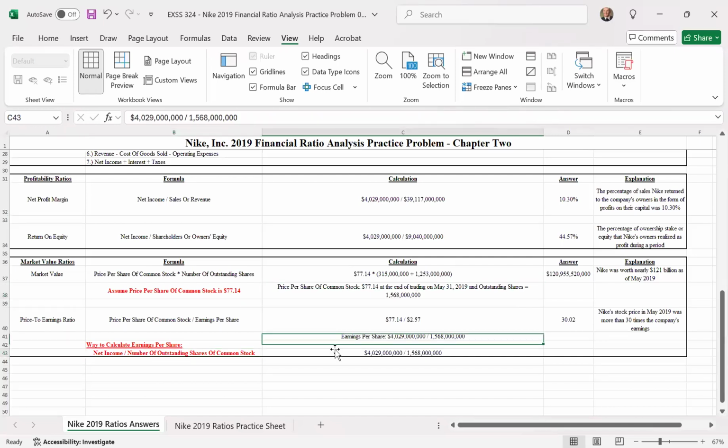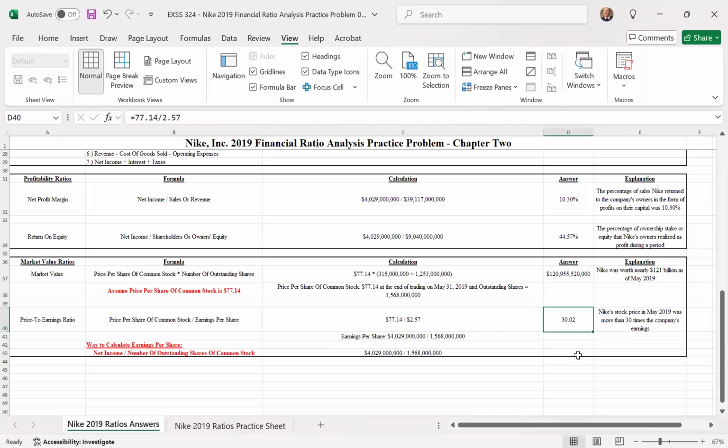We do the math there, and then we pull it all together, and then we get our final answer of 30.02, which says Nike stock price in May 2019 was more than 30 times the company's earnings.